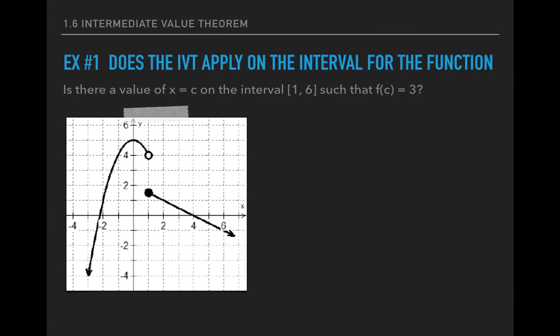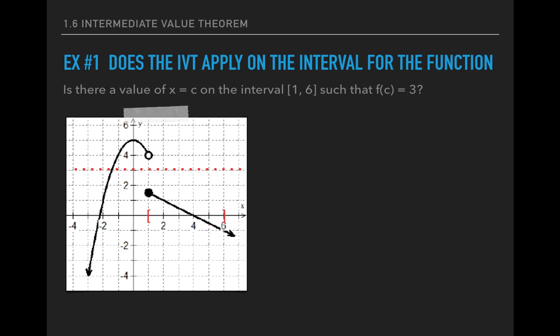Now let's try it for this problem. Is there a value of x equaling c on the interval between 1 and 6 such that the output of your function at c is 3? Okay, so we're looking now at an output of 3, which is where that red dotted line is, and we're restricting the input to between 1 and 6.